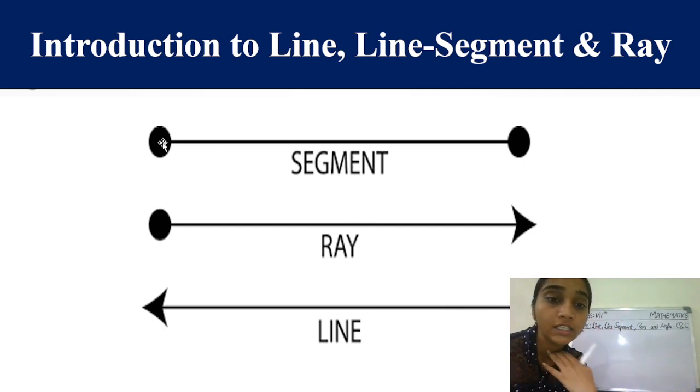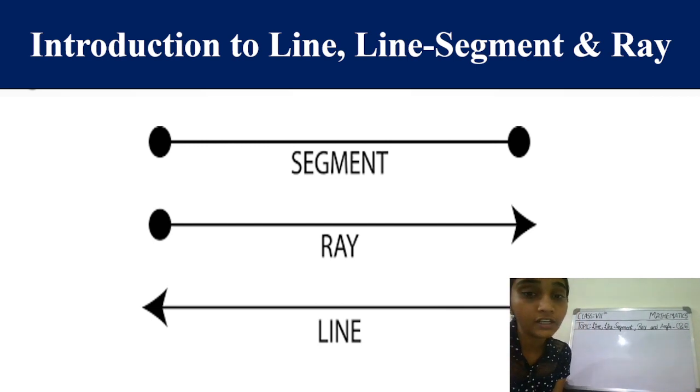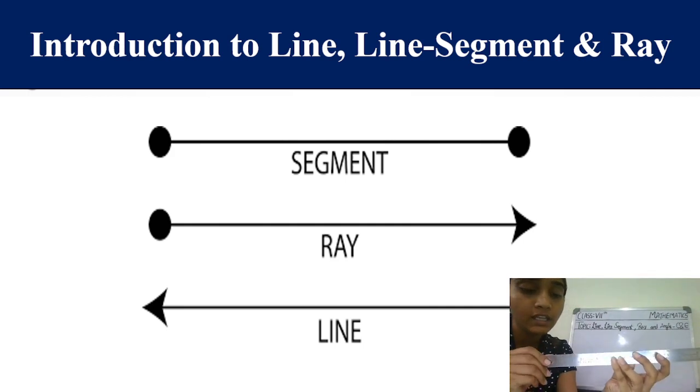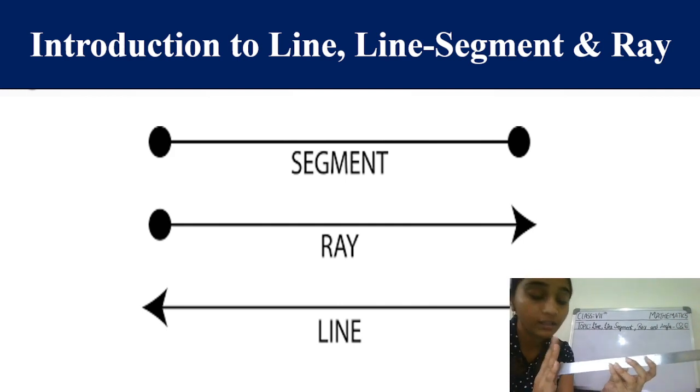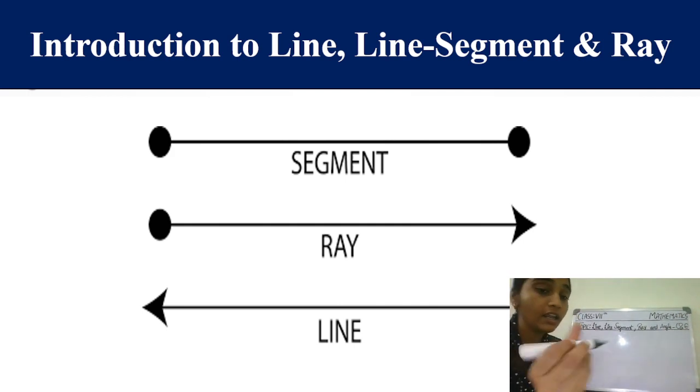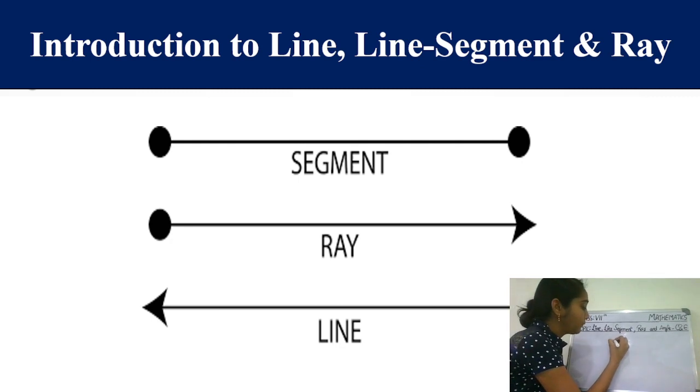Okay, these are the two endpoints. And what about a ray? How many endpoints does it have? Yes, a ray has only one endpoint. So if I'm considering this to be a line segment, it will have two endpoints, and a ray has only one endpoint.